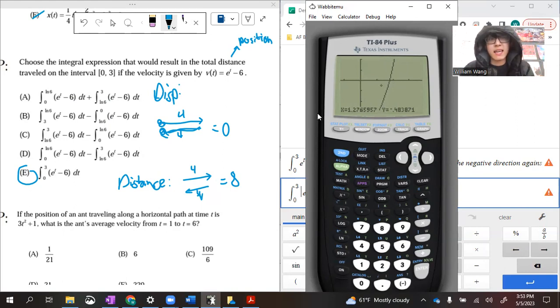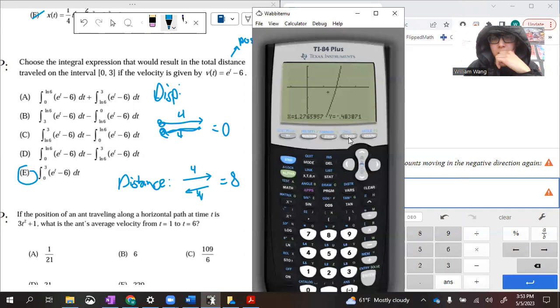It's actually counting against what I calculate for my integral. So I want this all as positive. I'm going to figure out this interval where it's negative, so I'm going to second trace here.